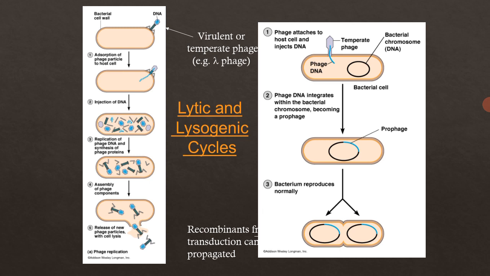These are transparent zones, clearance zones. Why clearance? Because they have lysed the bacterial cells, the bacterial colonies, and there it will produce the zone of clearance. That will indicate the presence of virus, which we will again see in the next slides.